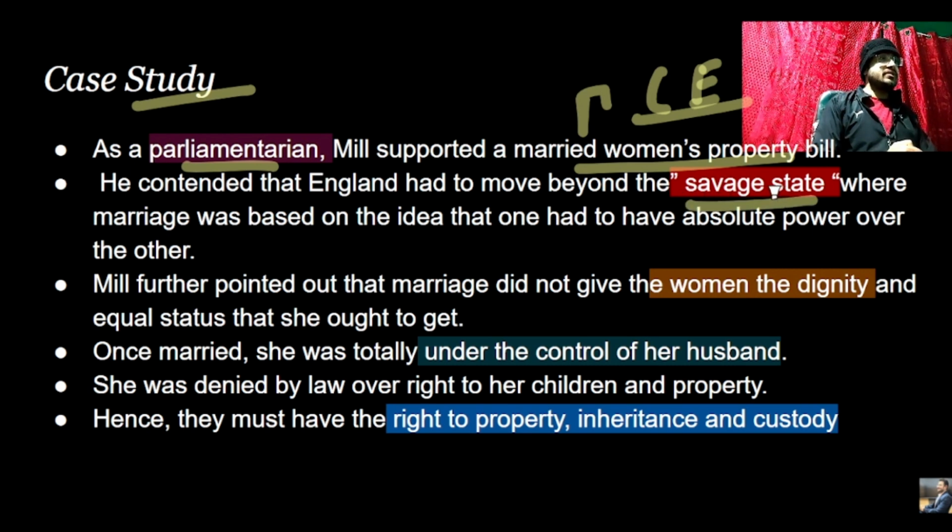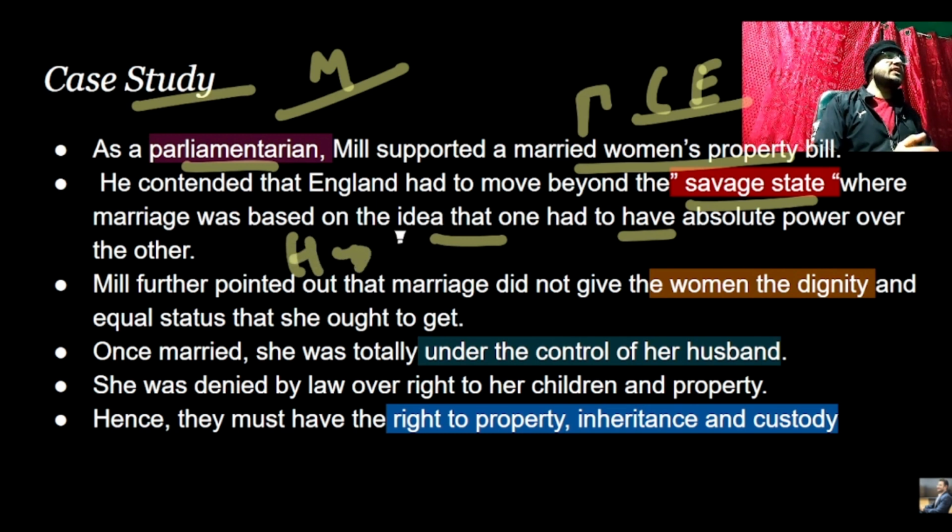What is the savage state? Basically a state of nature where marriage was based on the idea that one had to have absolute power over the other. It was held in society that marriage is an institution where the husband has absolute power over the wife.